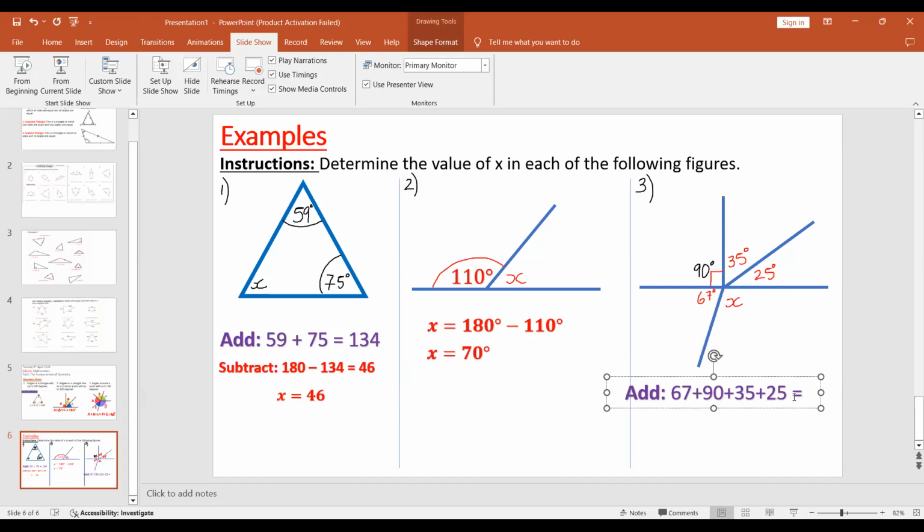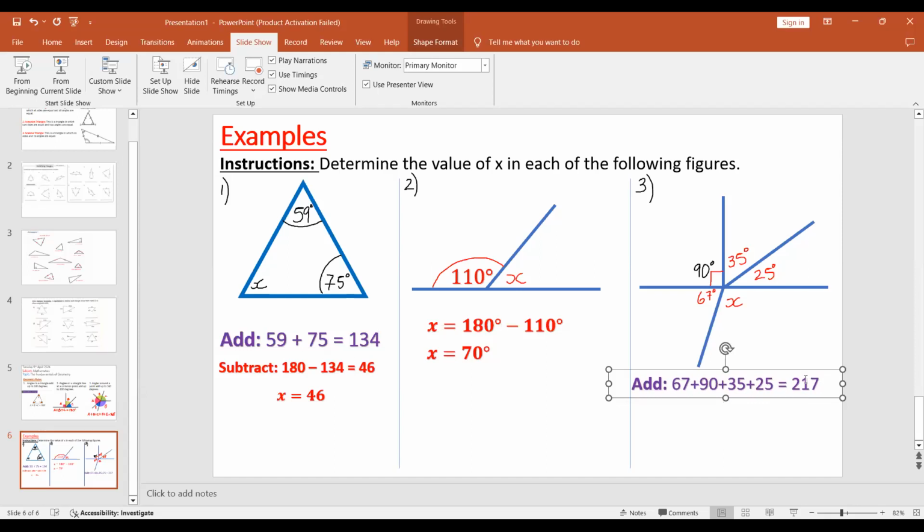What do y'all got? 217. So we add them, 67, 90, 35, and 25. When we add them all together, we get 217.